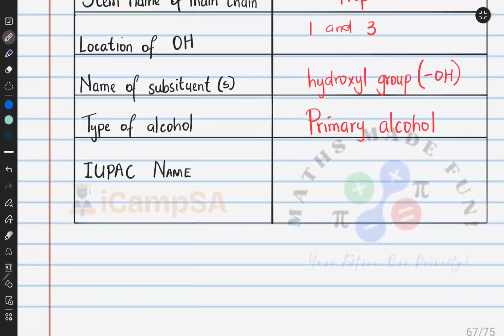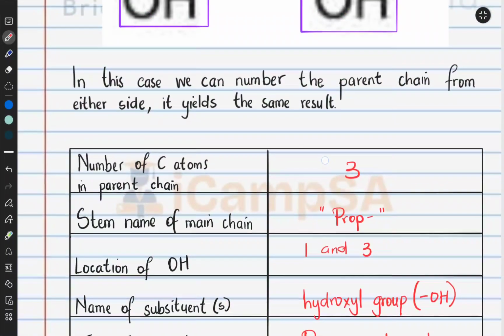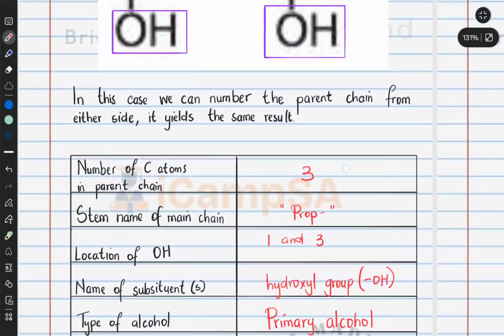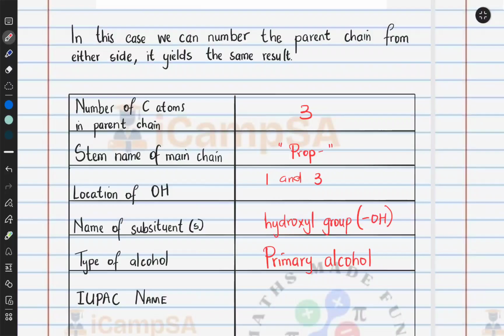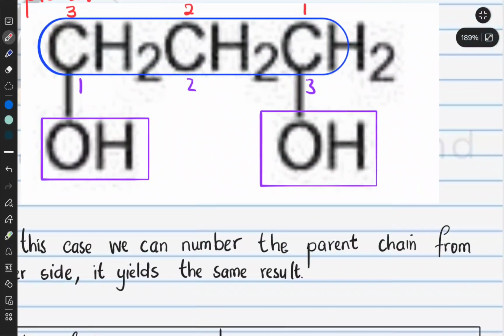Okay, but we have to note that our suffix would be diol now, because we have 2 hydroxyl groups and we therefore cannot use the ol as it is, which is the general suffix for this homologous series, or the general suffix for alcohols.